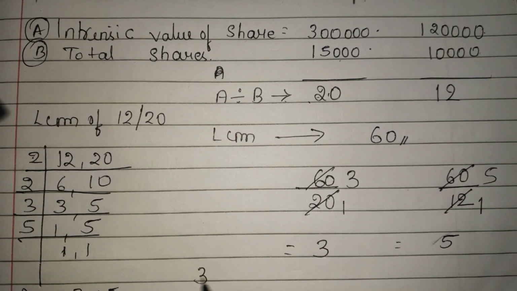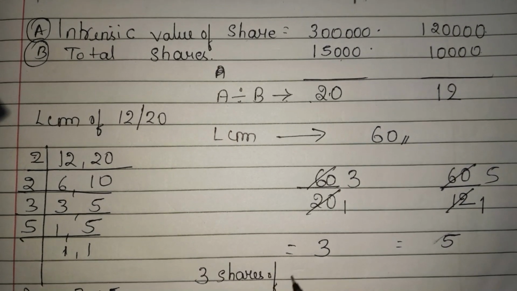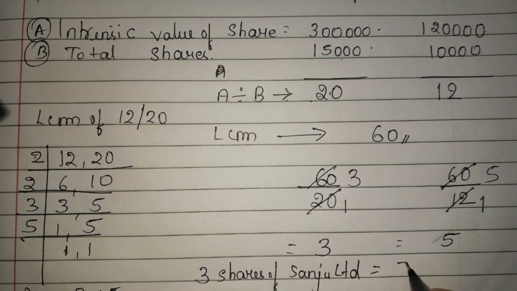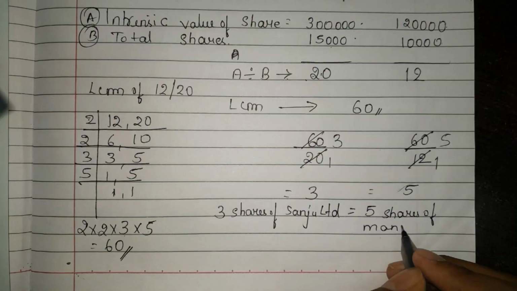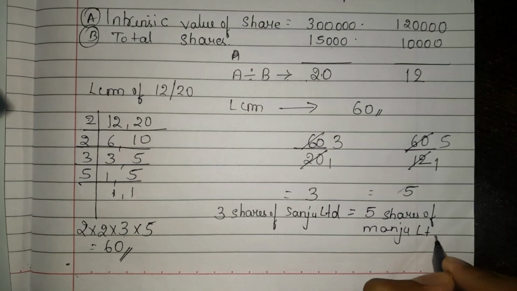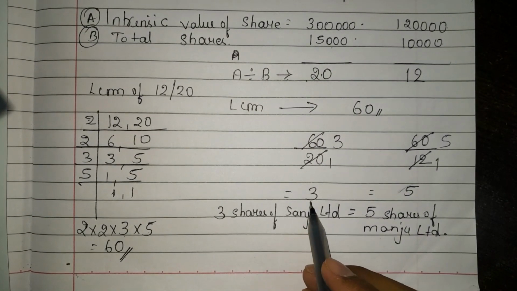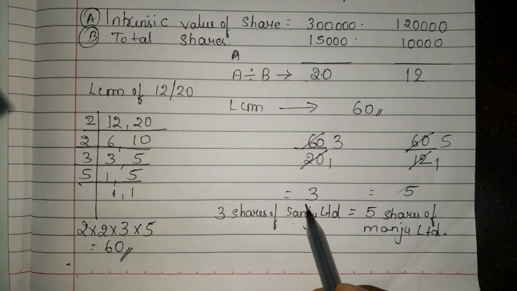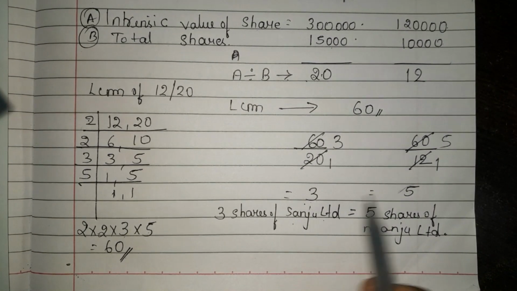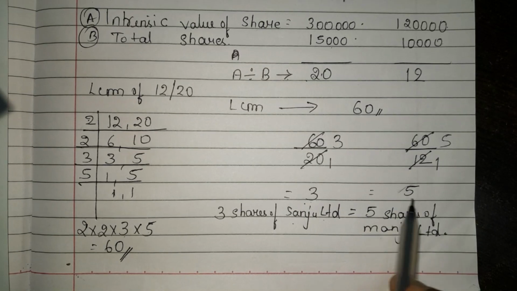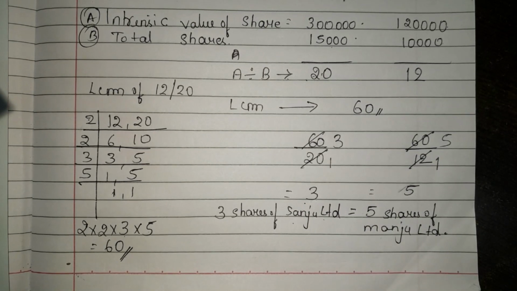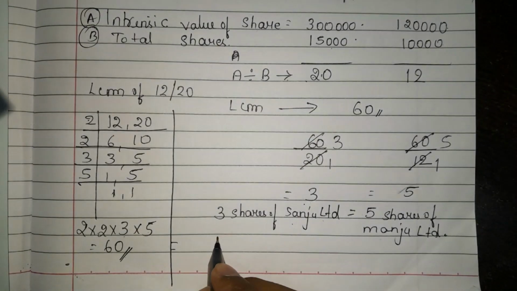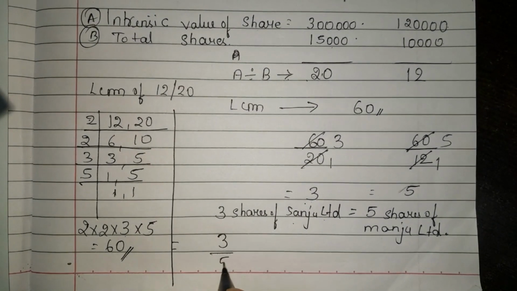Means 3 shares of Sanju Limited is equal to 5 shares of Manju Limited. So intrinsic value will be 3 by 5.